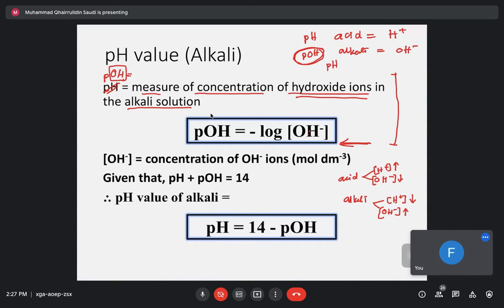So, sebab tu kita tahu bahawa pH plus pOH value dia adalah 14. Kalau kita nak kira pH untuk alkali, kita boleh ambil pH untuk alkali sama dengan 14 tolak dengan value of pOH. Contohnya macam ni.